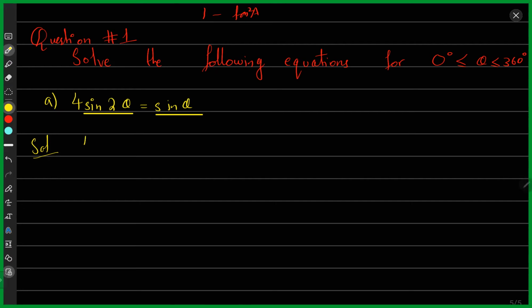So instead of sine 2 theta, I will write down 2 sine theta cos theta equals sine theta. Now, if you guys think that at this point I am going to cancel sine theta with sine theta, that's very, very wrong. This would end up giving you less number of solutions compared to the actual number of solutions, right?